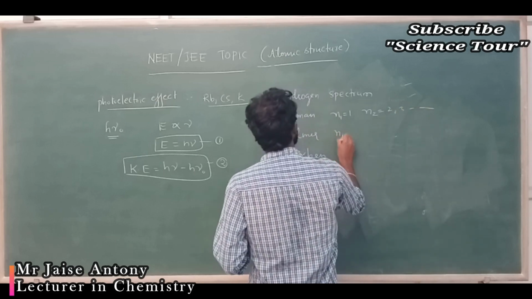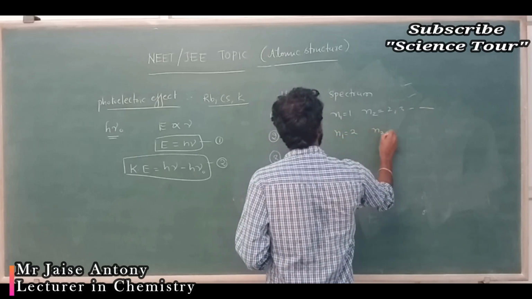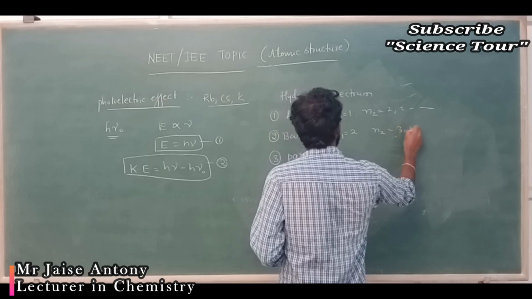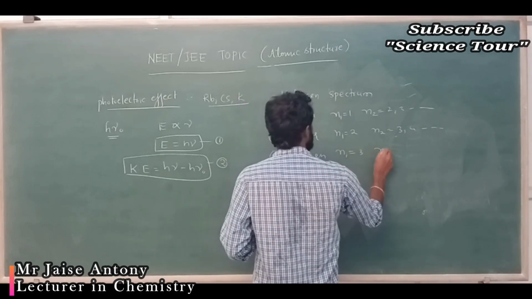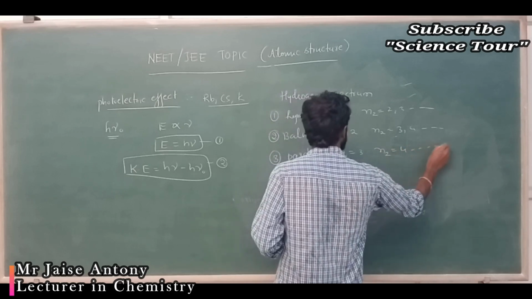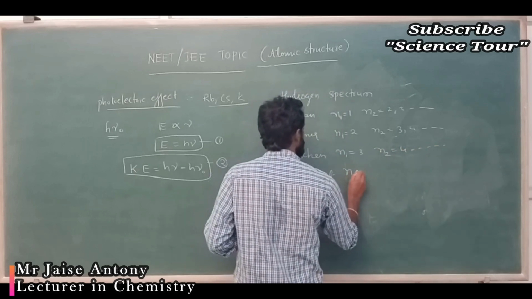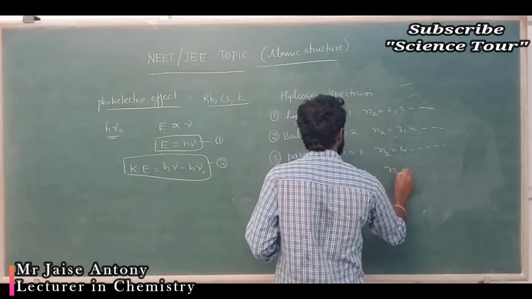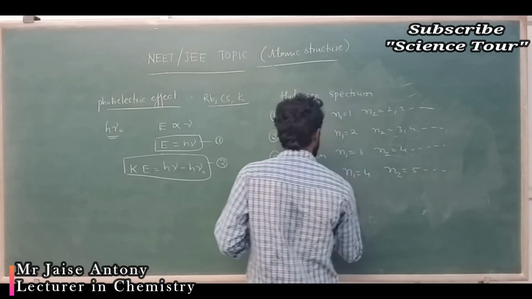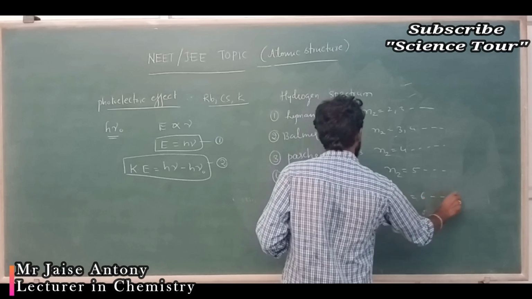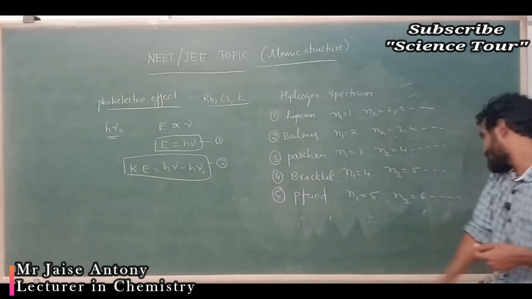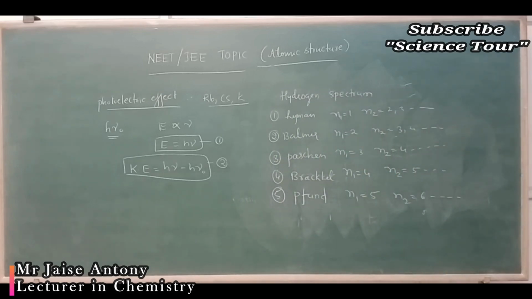For Balmer, n1 level is equal to 2, n2 is 3, 4, 5 like that. For Paschen, n1 level is 3, n2 level is 4, 5, 6, 7, 8 like that. For Brackett, n1 level is 4, n2 level is 5, 6, 7. For Pfund, n1 level is 5, n2 level is 6, 7 like that, understood? So these are different series of lines.